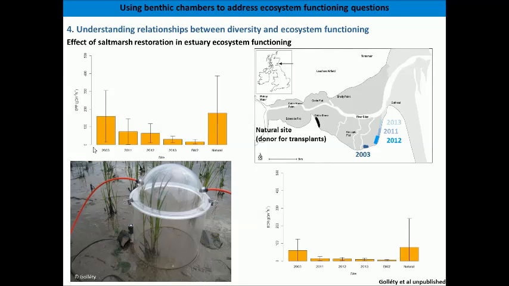Again, this has to be analyzed further, but it's a first look at the results.